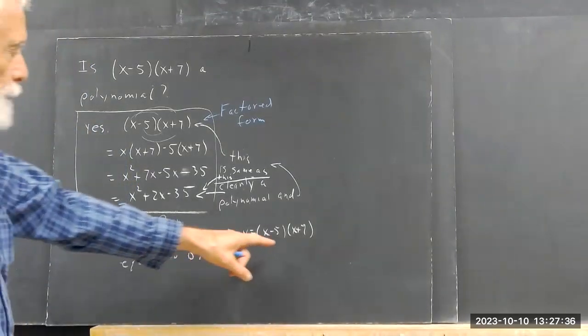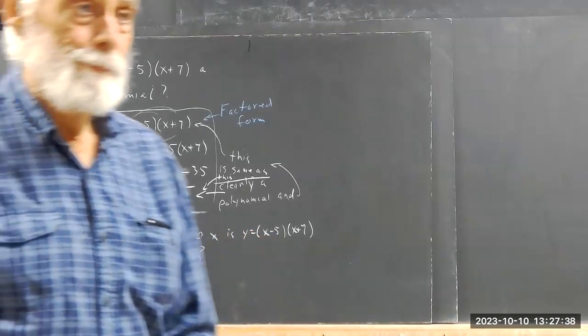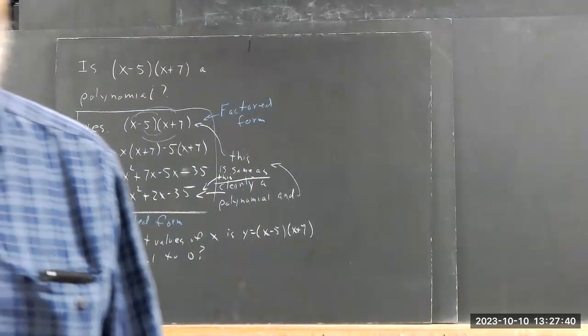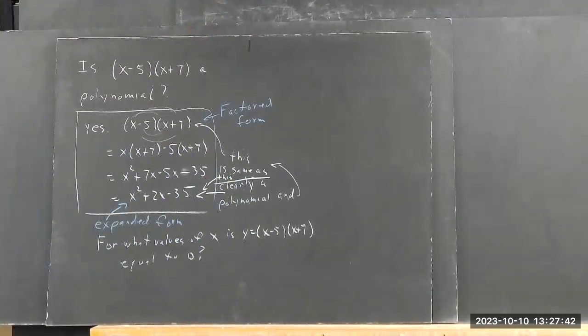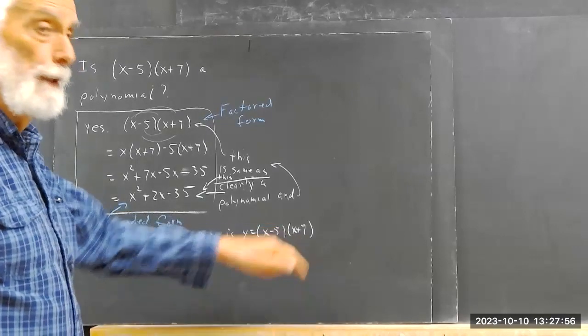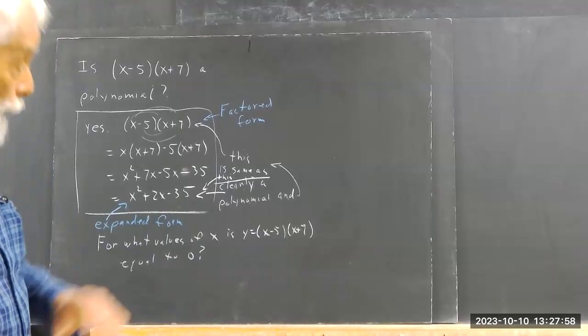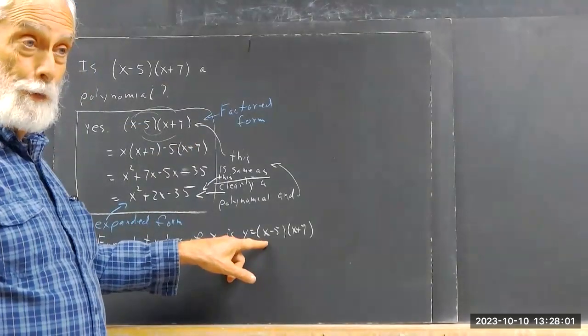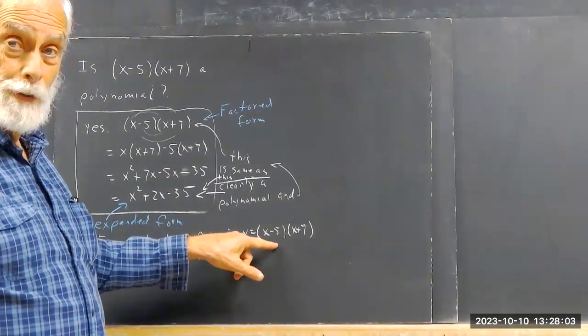For what values of x is this equal to 0? Can you use your fingers and give me an answer? Yep. There's 1. Yeah, I'm seeing 5 and 7. Of course, the 7 has to be negative, right? But if x is 5, you plug in for x, you get 5 minus 5, that's 0.